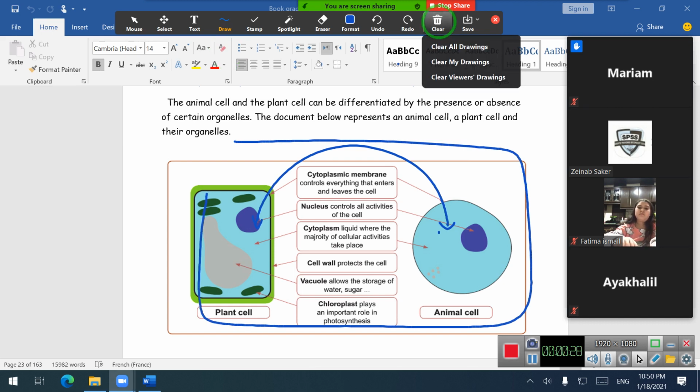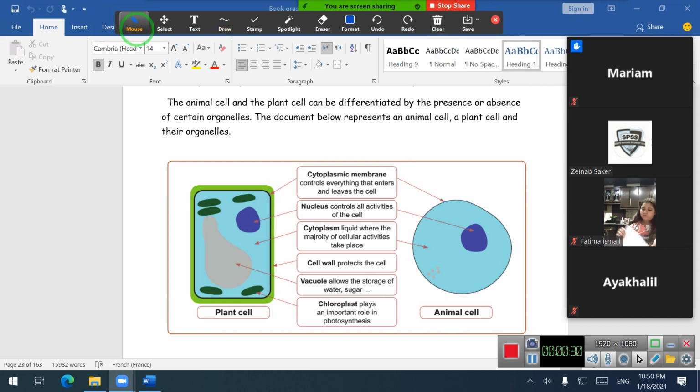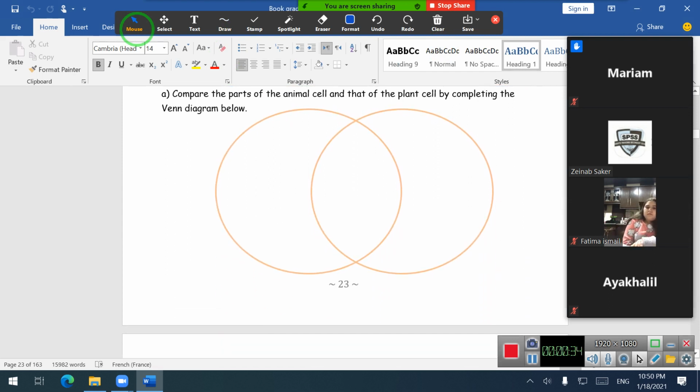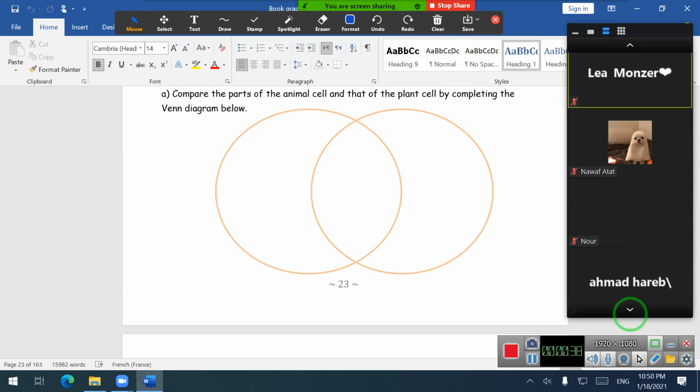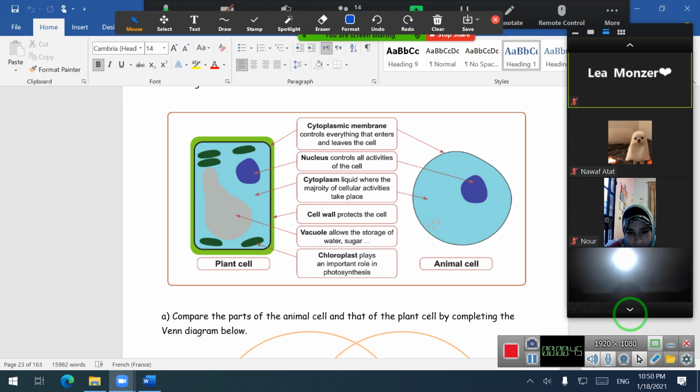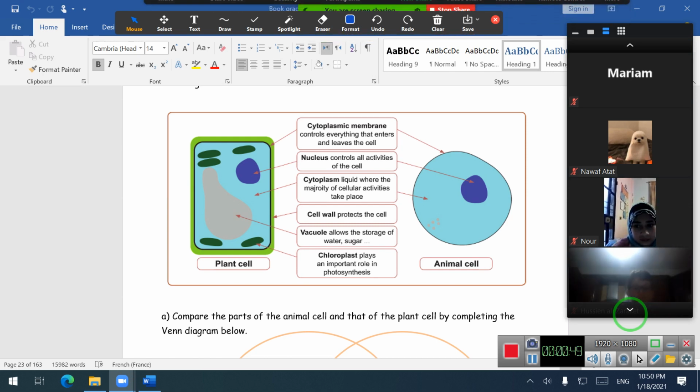And of course, yesterday we solved this Venn diagram to compare the similarities and differences between animal and plant cells. But using this diagram, you have to find out the role or function of each part.